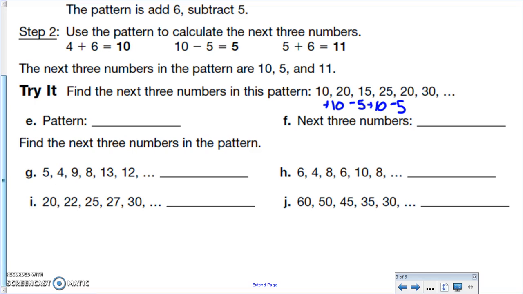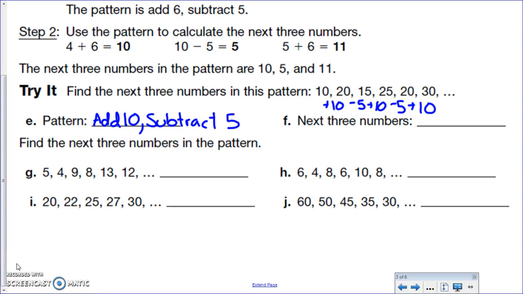And 20 to 30 is plus 10. So our pattern is add 10, subtract 5.